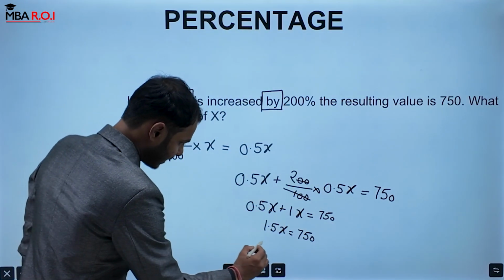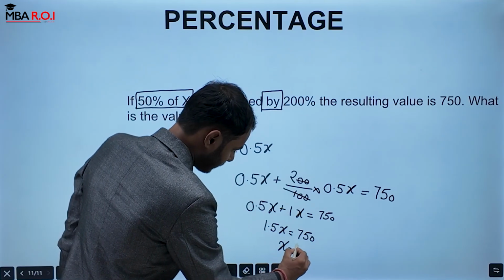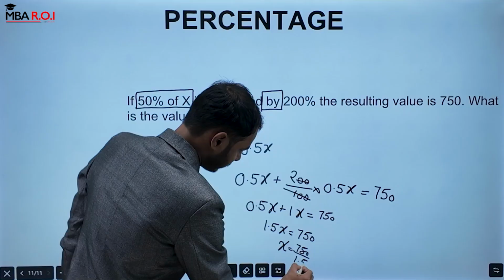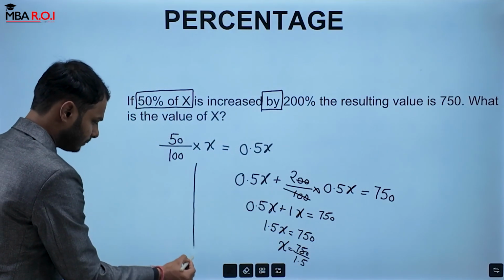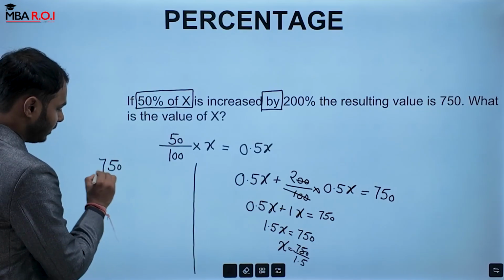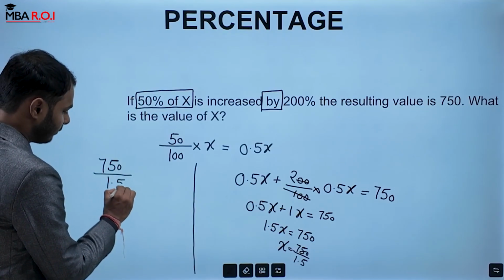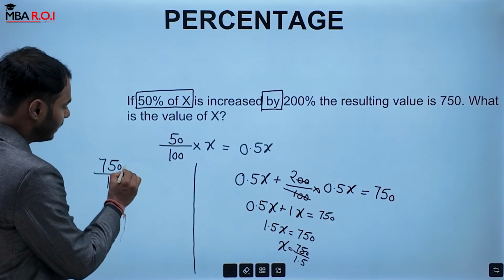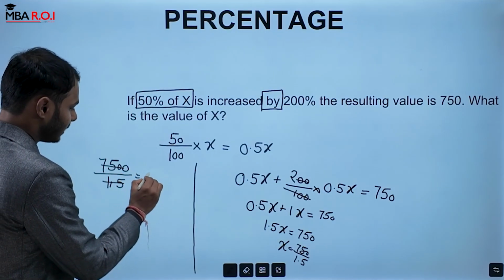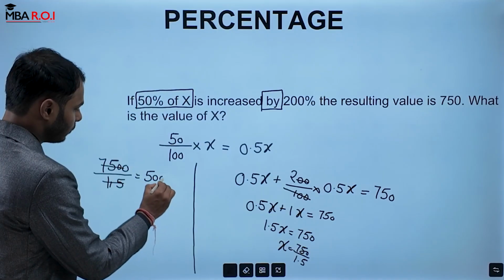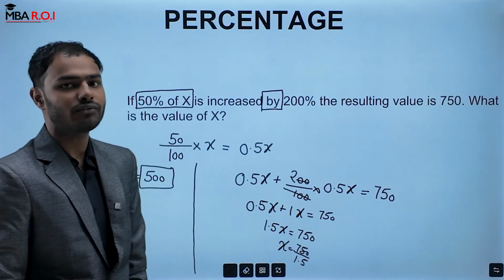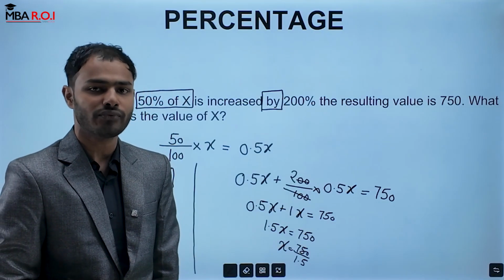Now the value of x will be 750 divided by 1.5. If you remove the decimal, then a 0 will be added here. If you solve further, the final answer will be 500. So the value of x from this question is 500.